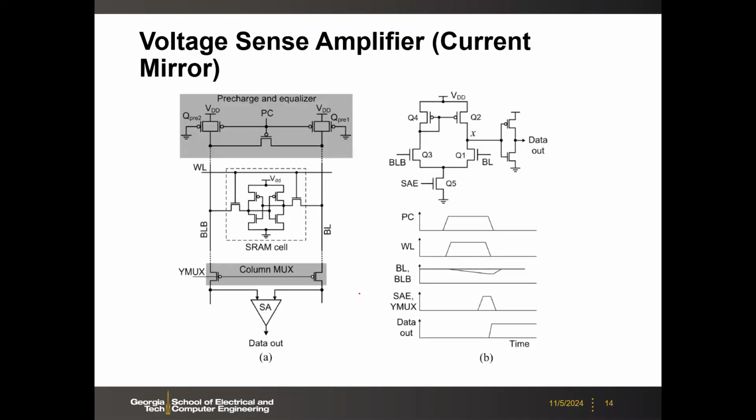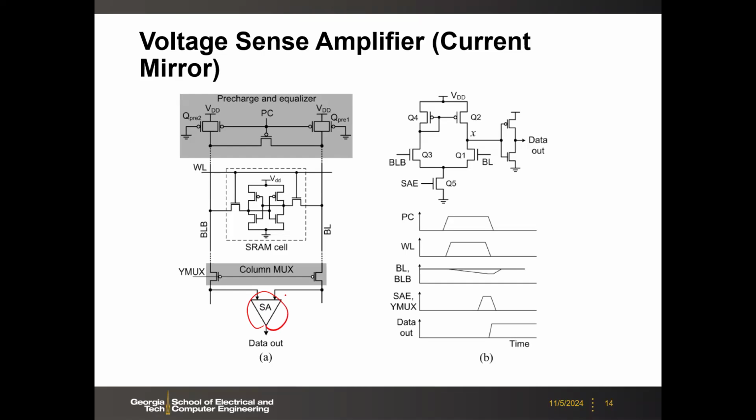So let's look at some simple sense amplifier designs. This one is a very simple sense amplifier. You could use this for SRAM, but SRAM actually uses an even simpler one, the latch-based one, as we discussed in the SRAM.